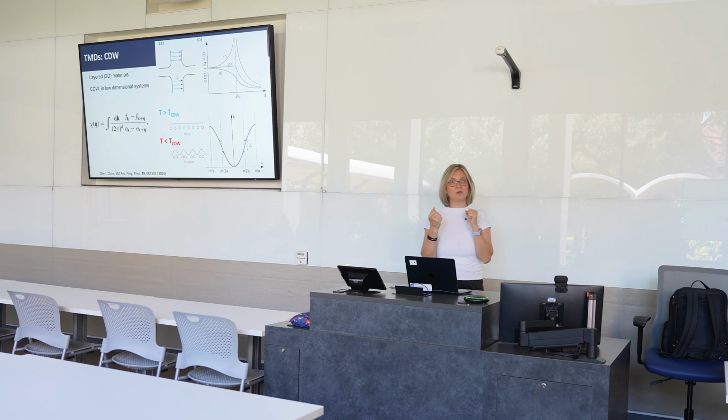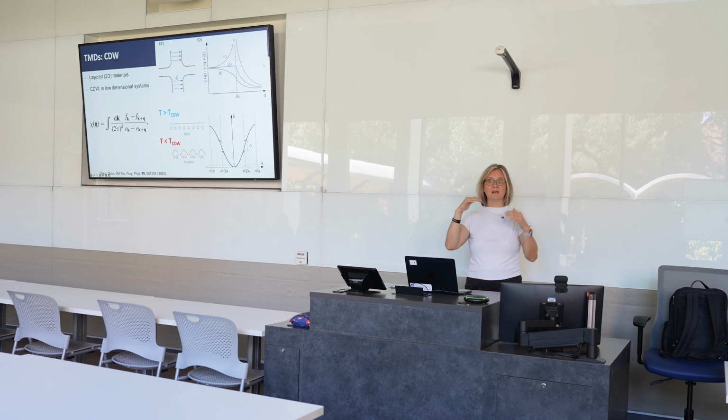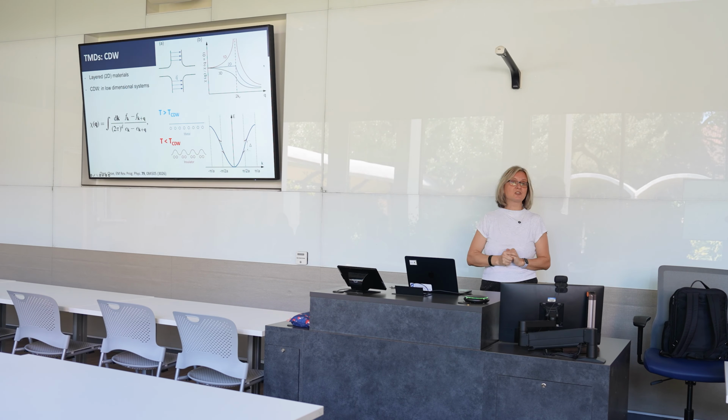So now if I ask you, why does a charge density wave occur in transition metal dichalcogenides, which remember are layered materials? Why does it happen in TMDs and not in most other compounds? Because they're these 2D compounds, right? So they resolve this problem of the discontinuity in their susceptibility by going to a charge density wave state.